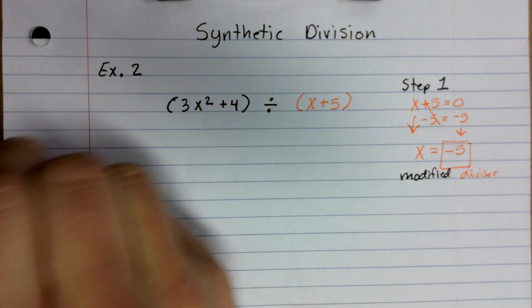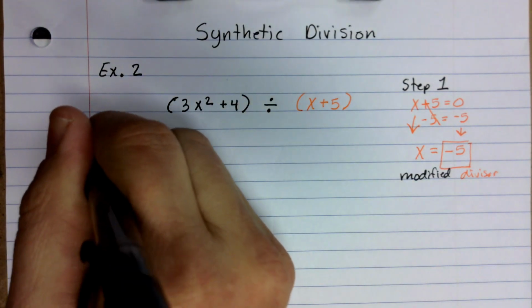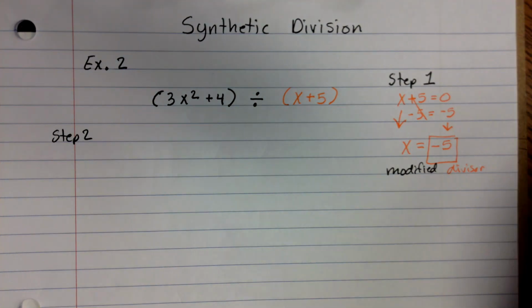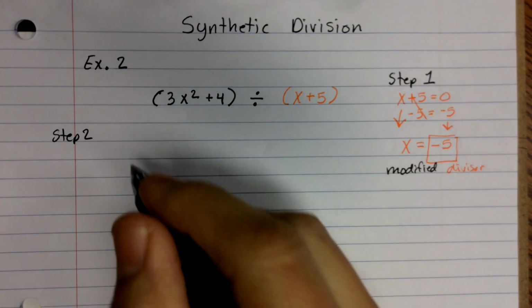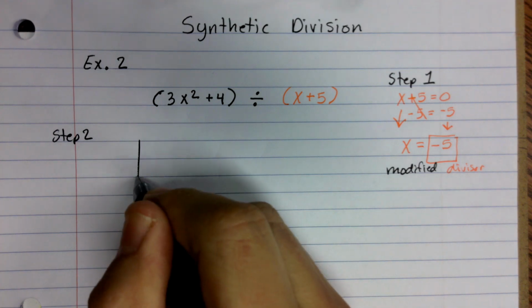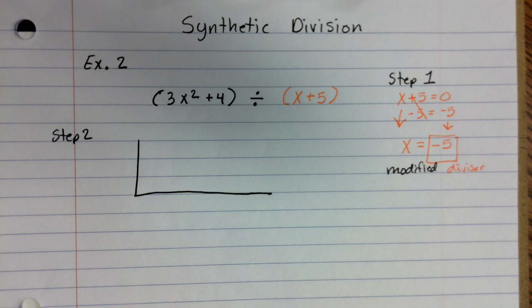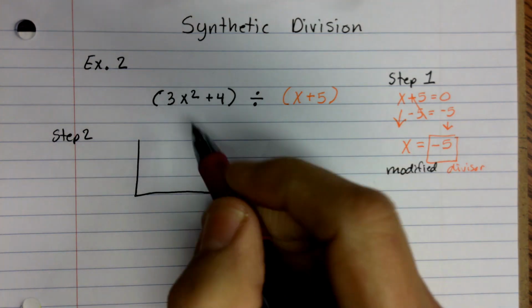So I'm going to go to our second step, step 2. We'll draw our symbol to do the division, and then we'll write our coefficients for this term.